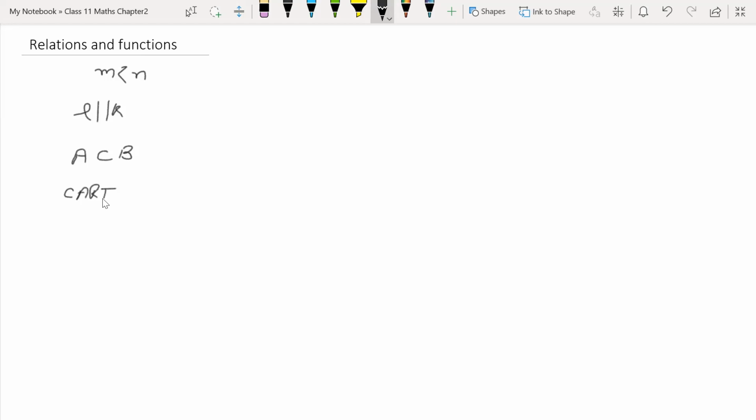A set is well-defined. What is a set? As you have studied in the previous chapter, chapter 1, a set is a well-defined collection of well-defined objects, and those objects must be distinct.